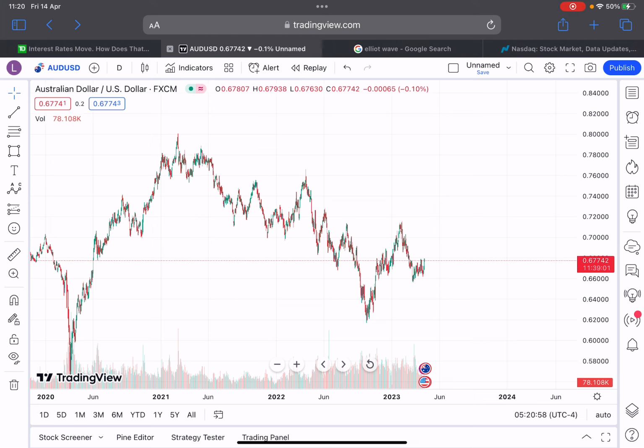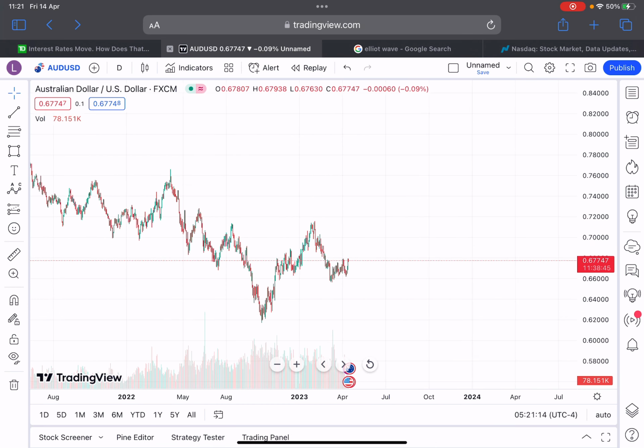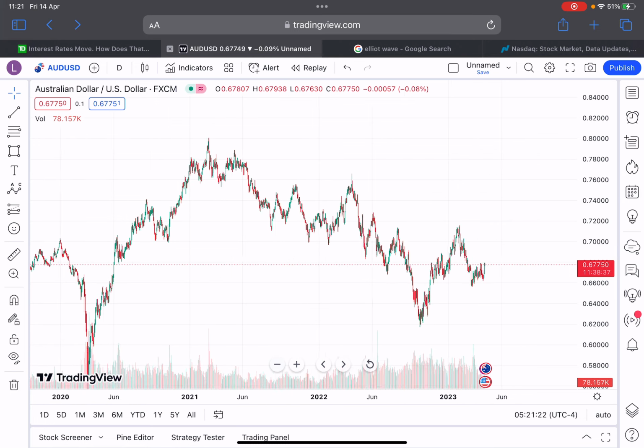Since you know that your support is the area where the price of the chart indicates that traders are willing to buy, meaning it is where there is a change of direction from a selling trend to a buying trend. That is actually your support.